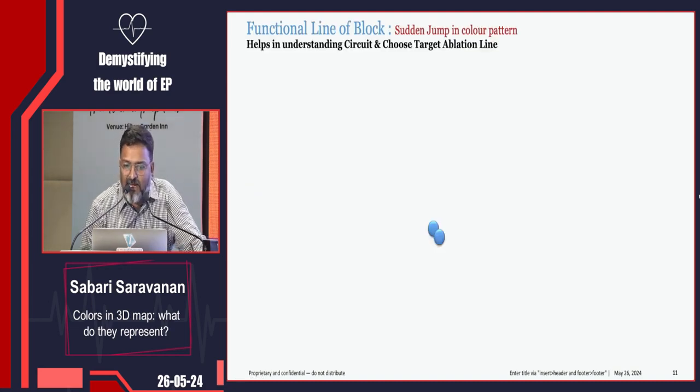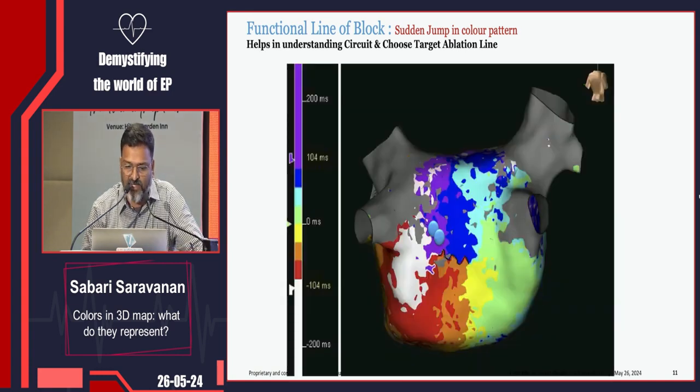And there is another concept called the functional line of block. That means if you see a sudden jump in any of the color pattern, then that line is a functional line of block. It helps in understanding the circuit, and more importantly, it helps us to choose the target line of ablation. Whatever the map is, go by the colors: white, red, orange, yellow, green, blue, purple.